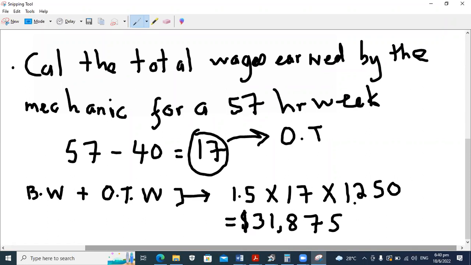So this is what he earns in overtime. How much money does he collect at the end of the first week? It will be the overtime money plus the basic wage, which is 50 grand.